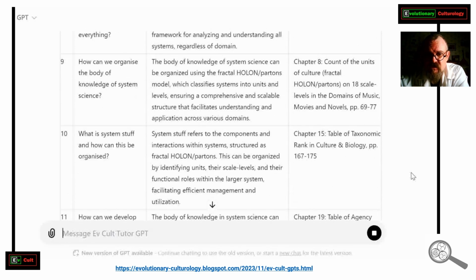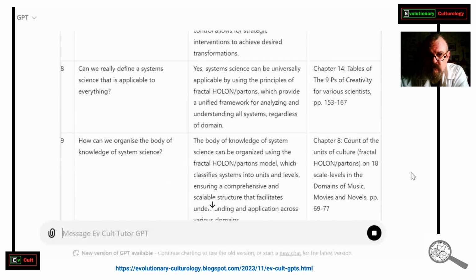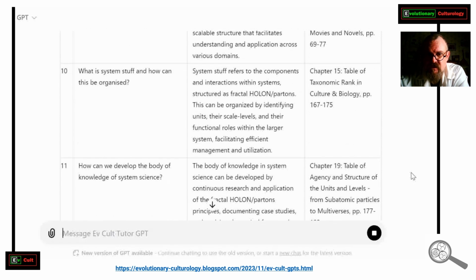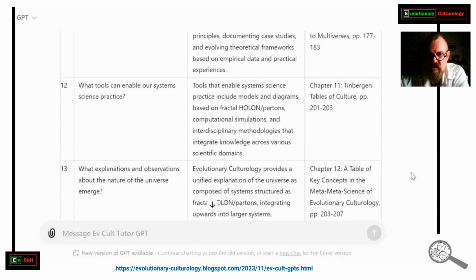What is system stuff and how can this be organized? System stuff refers to the components and interactions within systems, structured as fractal holograms, partons, etc. Tools, explanations, observations.